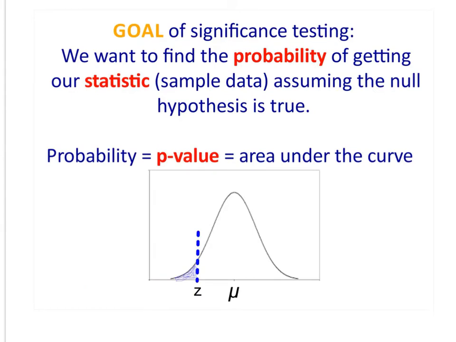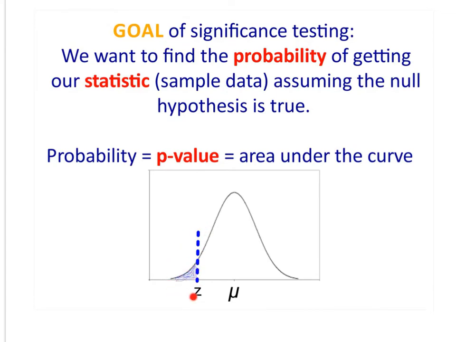So if we think about the goal of significance testing, I've done the state and the plan step. I'm on step 3, and if I think about what I want to achieve, I want to achieve finding the probability or finding the p-value. So the goal is to find a z-score or to find a critical value, and then from that mark, find the probability or the area under the curve.